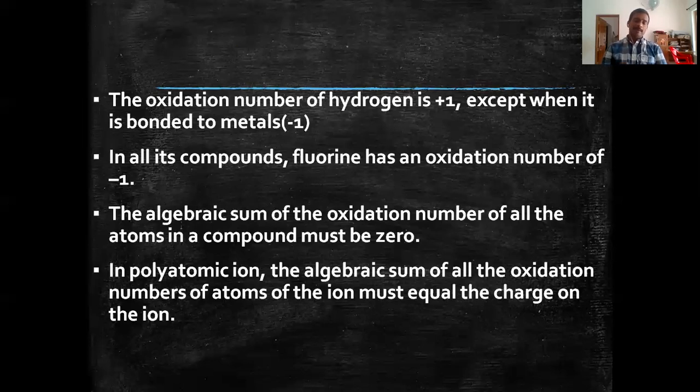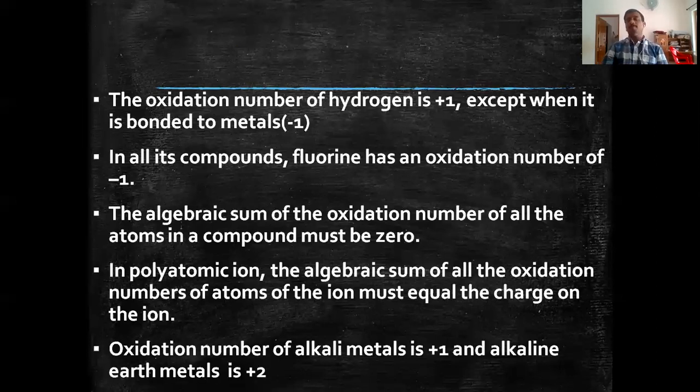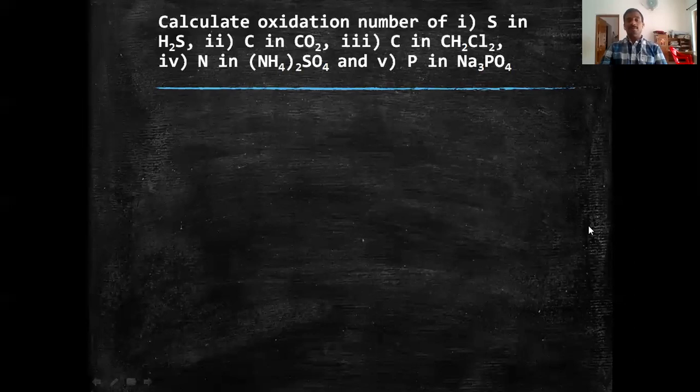So nitrogen -3, 4 hydrogens, 4 into +1. -3 plus 4 equals +1. Now the oxidation state of alkali metals is +1 and the oxidation number of alkaline earth metals is +2. Remember these things.